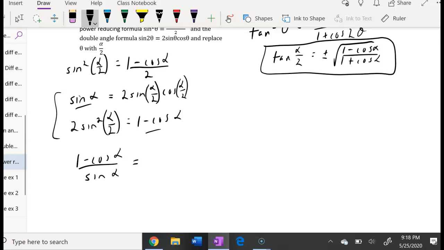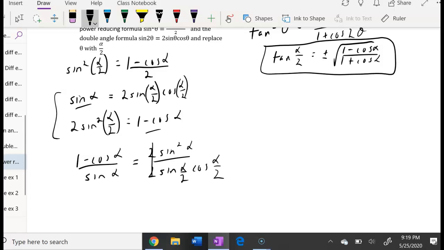It's just one of those many tricks that mathematicians do to come up with easier ways to do things. So the other numerator would have to be this one, so it's going to be 2 sine squared of alpha over 2, over 2 sine alpha over 2 cosine alpha over 2. The 2's cancel.